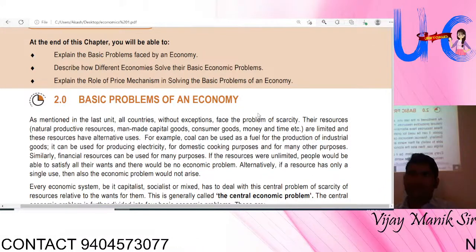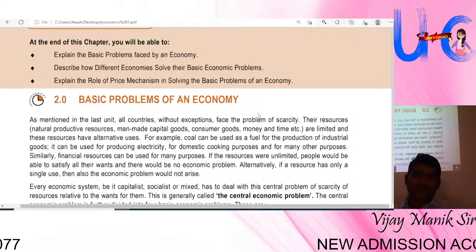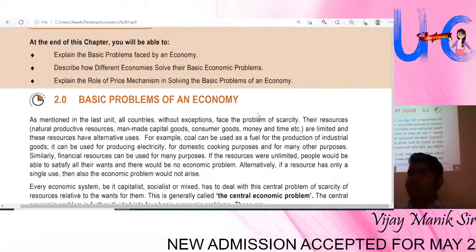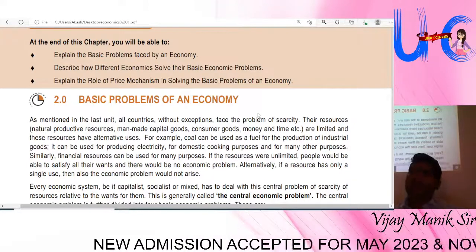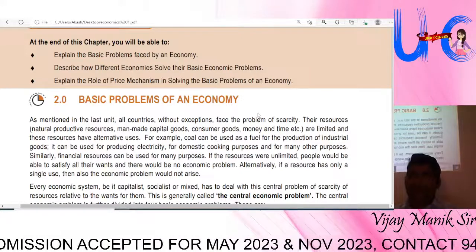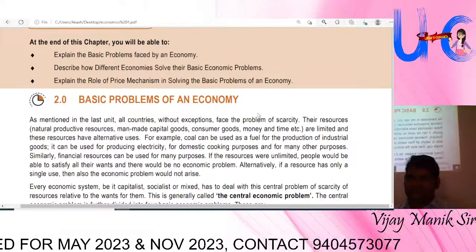Okay, for whom to produce? Definitely we are producing for the society, but when we learn these three economies, we come to know that a particular economy is producing for a particular class. That's why this question arises here. Is that clear?